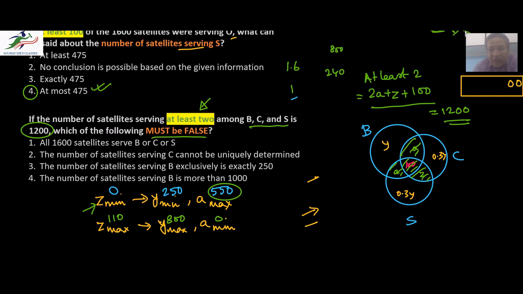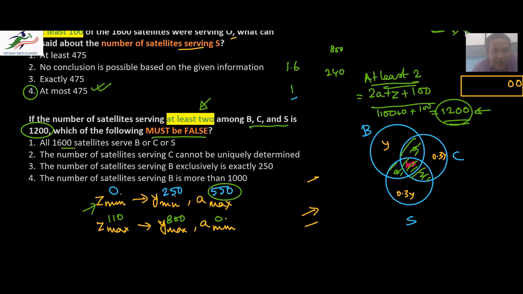So a is 550 means this is 1100, z is 0 and this is 100. So this is a condition in which the value of at least 2 will be 1200. So then we see the options.